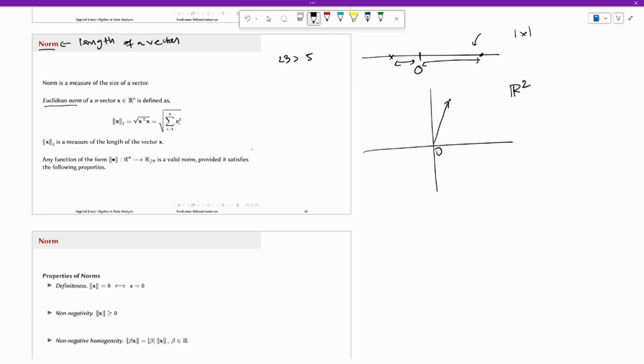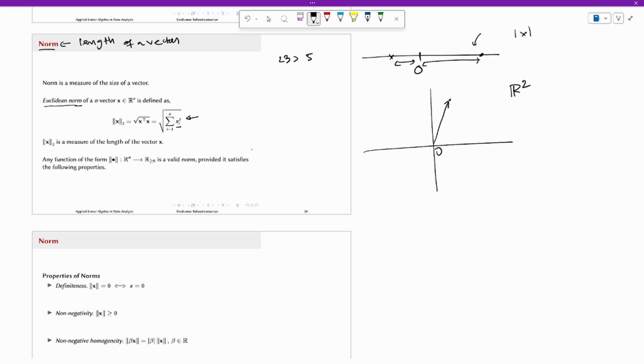From your Pythagoras theorem. Right? That's essentially what is called the Euclidean norm. The generalization of that to an n vector is given here. You simply take each component, square it, add all of them together, and then take the square root. That's the Euclidean norm.